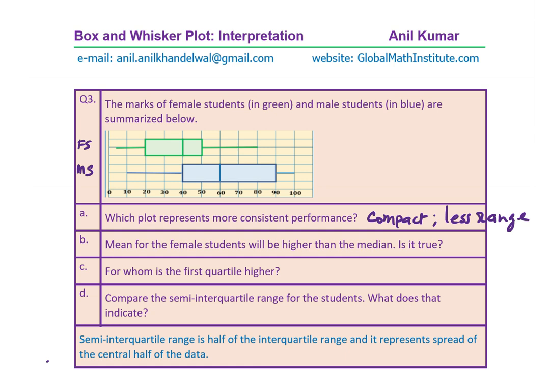So for this, the answer will be girls, the female, the first one, correct? You can compare the range to find which one is more consistent. Most of the data is compact within lower limits. So this is more consistent from here to there.